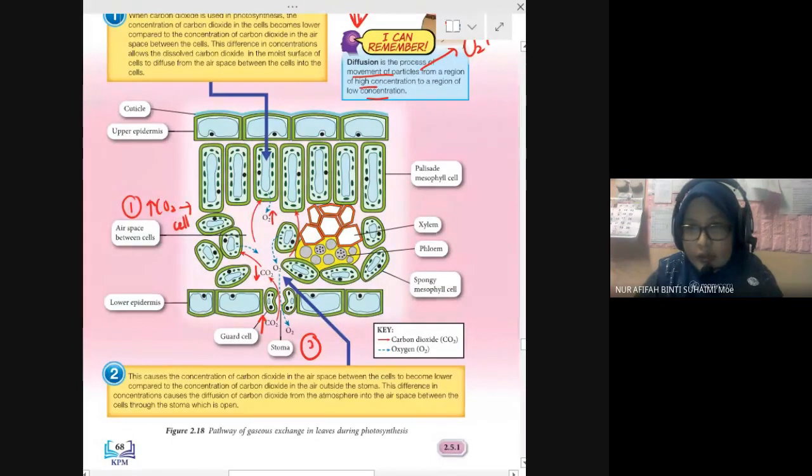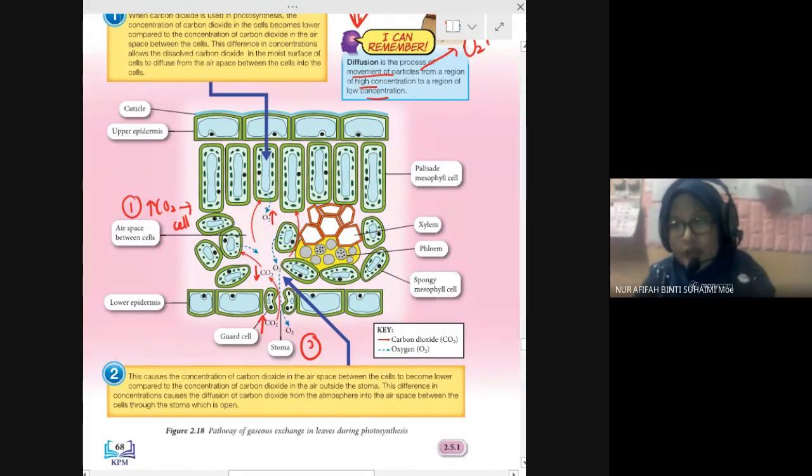Here I want to explain the diffusion of carbon dioxide. First, carbon dioxide diffuses into the cell. Why does it diffuse into the cell? Because at first, carbon dioxide here is higher than inside the cell, so it diffuses into the cell.